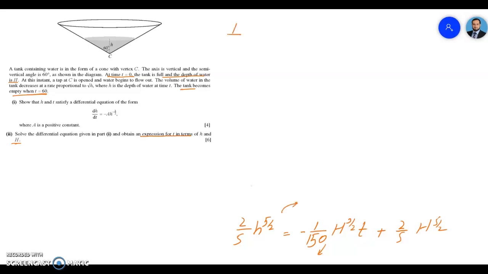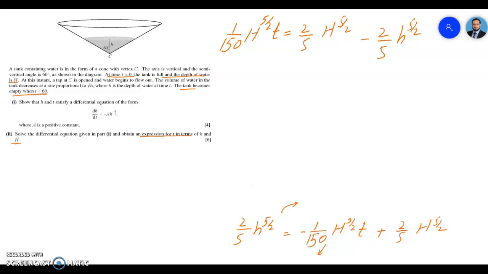So this will become 1 over 150 H to the power of 5 by 2 times t is equal to 2 by 5 H to the power 5 by 2 minus 2 by 5 h to the power of 5 by 2.